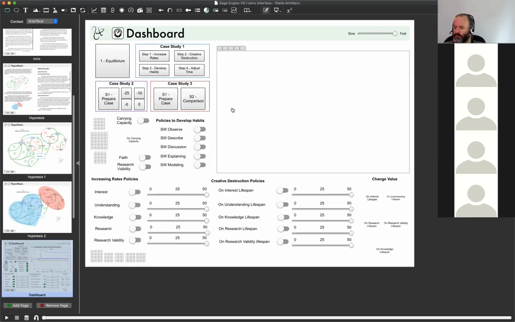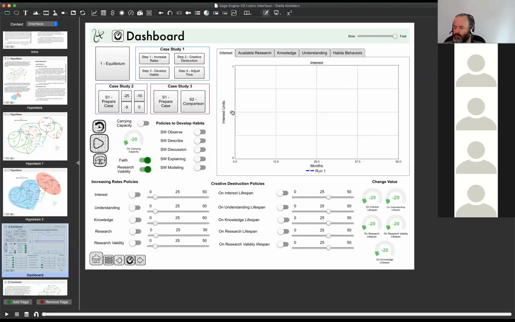Okay, this is the model. It has a lot of policies. It wasn't easy to accomplish it. I have my mentor, he was there the whole process.